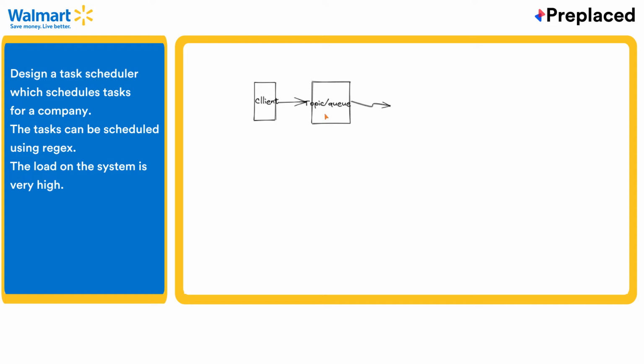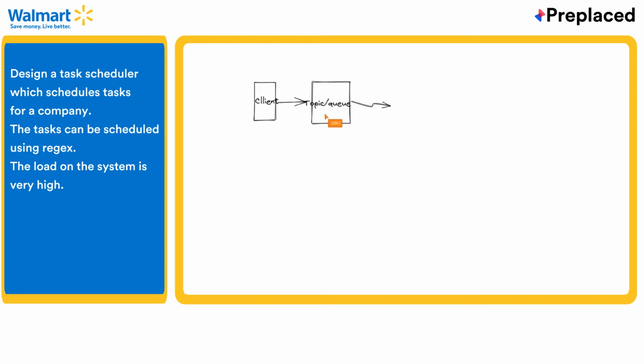Rather, what we can do is have a few queues or topics dedicated to each client, but I think if there are a million clients, it will just outburst the number of queues. So you can take an assumption here that overall the load is very high, but for a particular client the load will be limited.